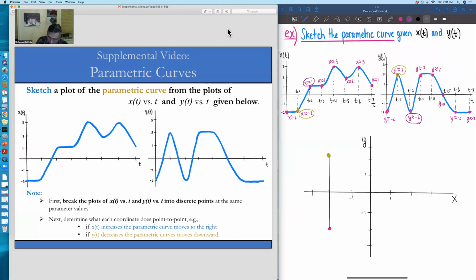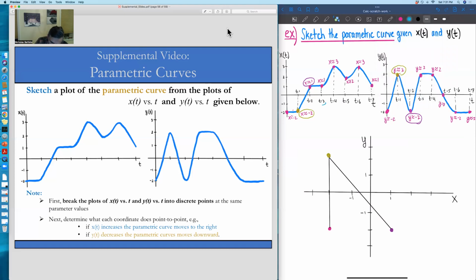So when t is 2, we go over to x equals 1, so somewhere along this line, and y is minus 2. So that puts us down here. And again, we can connect those points using a straight line, just because we don't have any t values in between those 2 points.